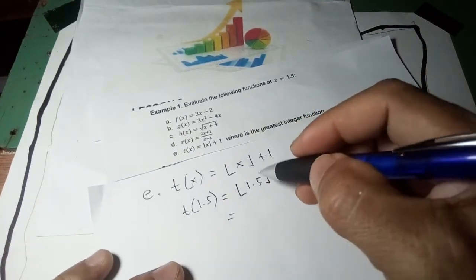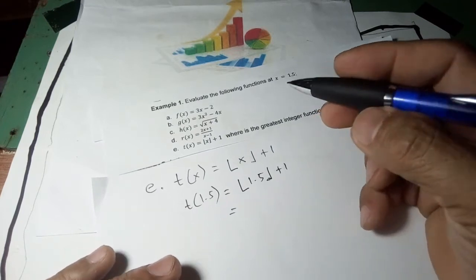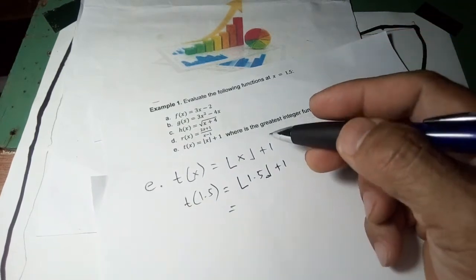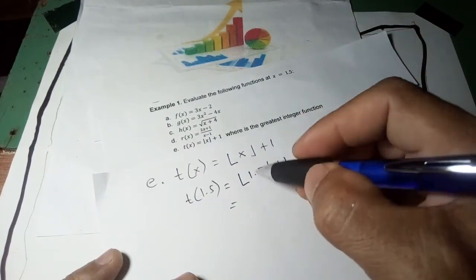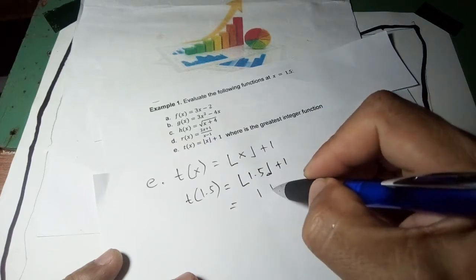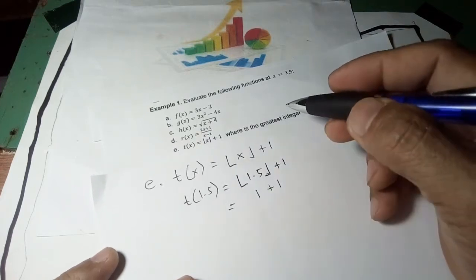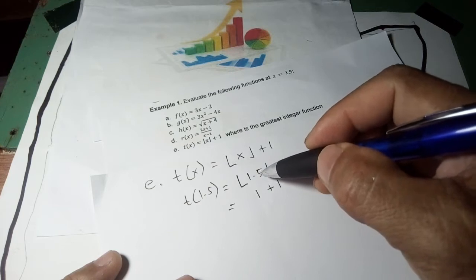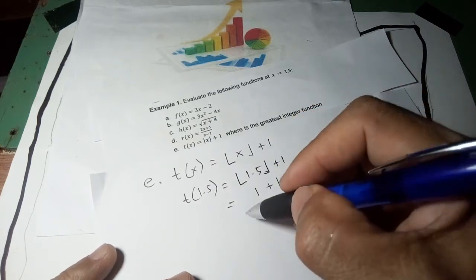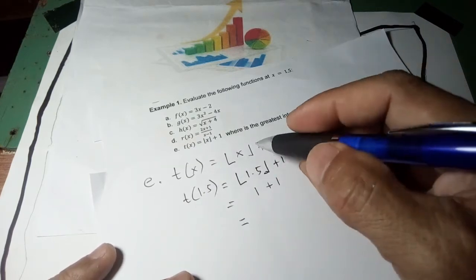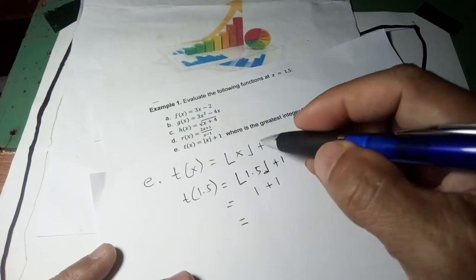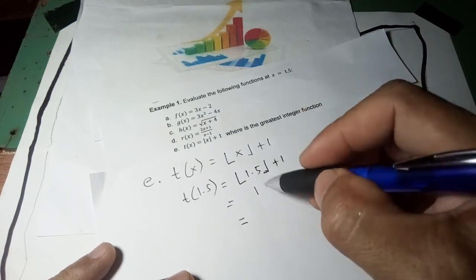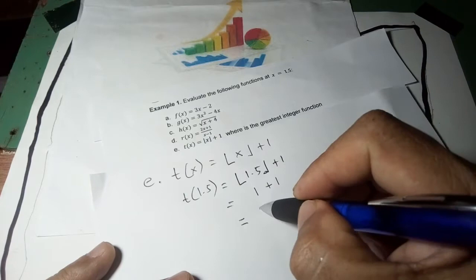This is interpreted as what is the greatest integer less than or equal to 1.5, which is 1. Take note that an integer is a whole number. 1.5 is not a whole number, so the integer less than or equal to 1.5 is 1. So the answer is 2.